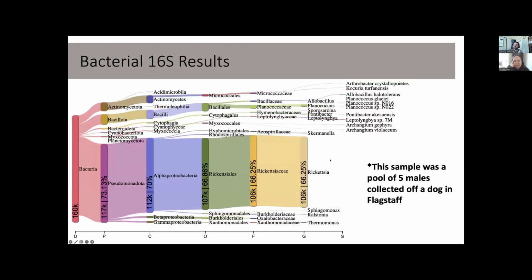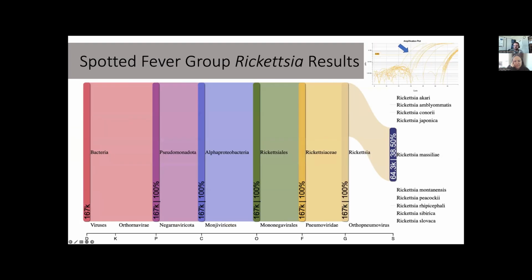Within the bacterial success, we're not necessarily getting any species level information. And then when we jump over to spotted fever group, we only have a small portion of those actually being classified, predominantly to Rickettsia monacensis.